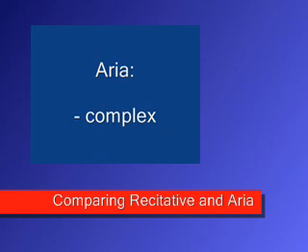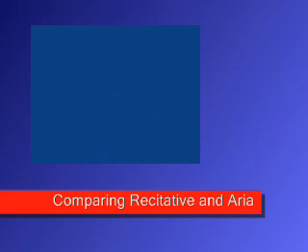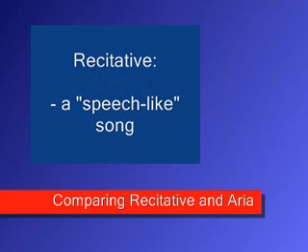Which of them would be simpler than the other one? It's just that simple. The two vary just as sharply in terms of their characters. Recitative is a decidedly speech-like song, and this makes perfect sense, doesn't it? It looks like the word recitation, so a speech-like song makes perfect sense for this kind of composition.